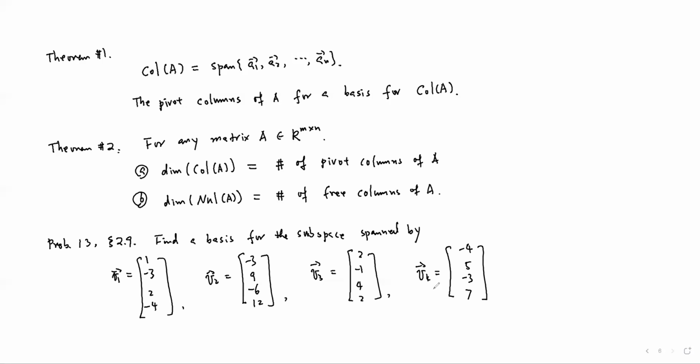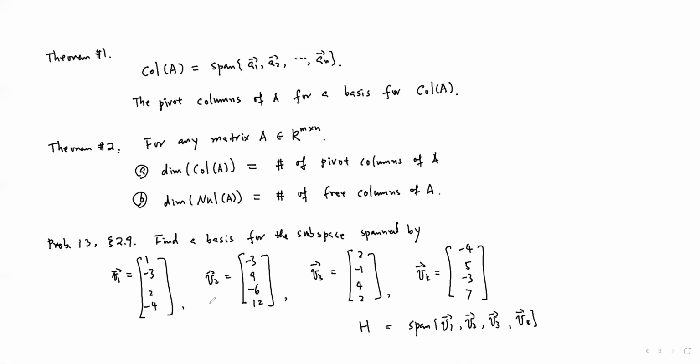These 4 vectors together span a set. Let me denote the set by H. These 4 vectors span H. The question is, can we drop some of them? Do the remaining vectors still span the same H? Find a basis. How to solve this problem?